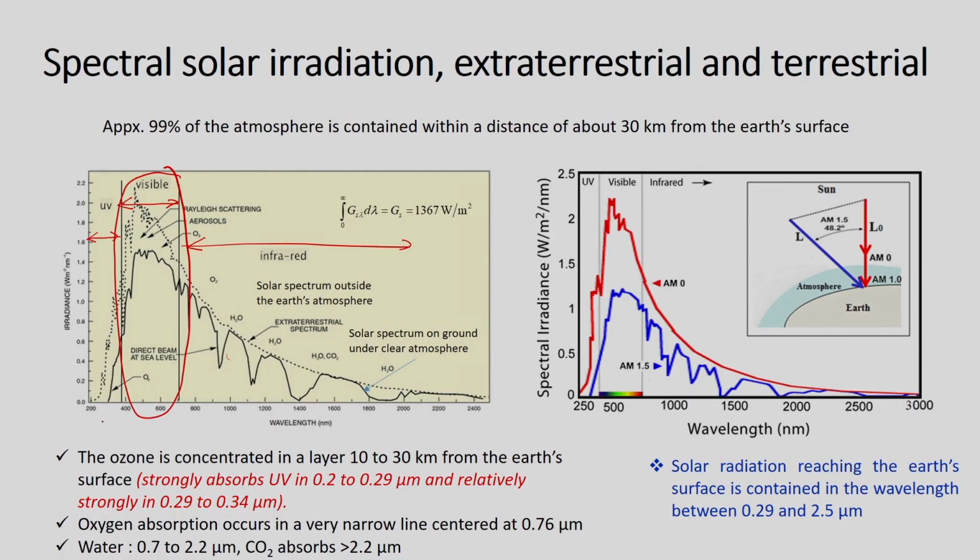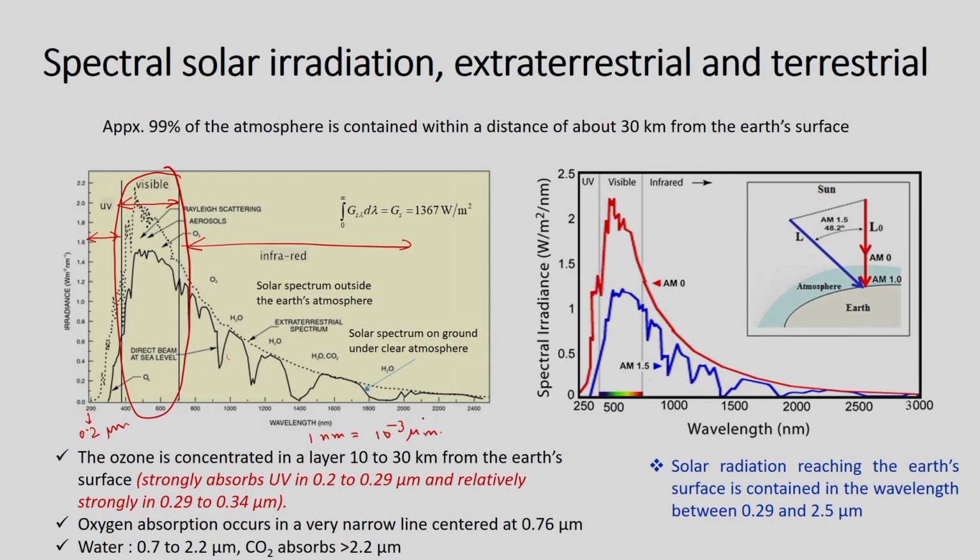Here the scale is in nanometers, so we can convert easily: 200 nanometers means 0.2 micron, because 1 nanometer is 10 to the power of minus 3 micron.